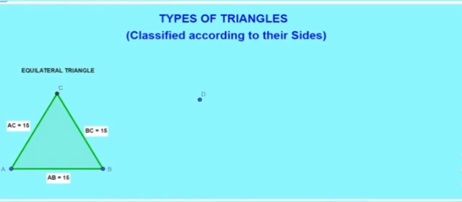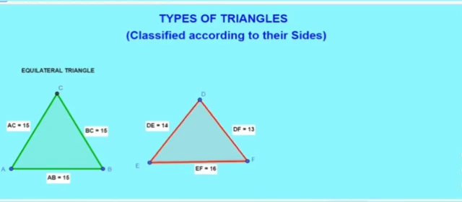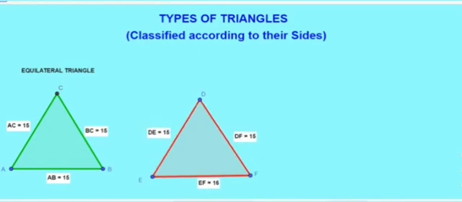Let us take another type of triangle. Now, this is DEF. Let us take the measurement of each side. DE equal to 13 centimeters. DF is equal to 13 centimeters. But look at here, EF is equal to 16 centimeters.